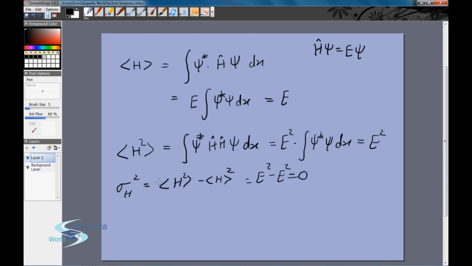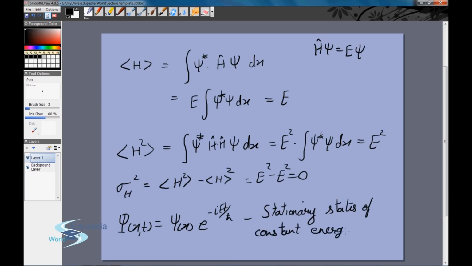And that's why these functions, which we wrote as capital psi of x comma t equal to psi of x e to the power minus iota E t by h, are referred to not only as stationary states, but as stationary states of constant energy E. Now this is the difference between energy for a stationary state and something else like position.